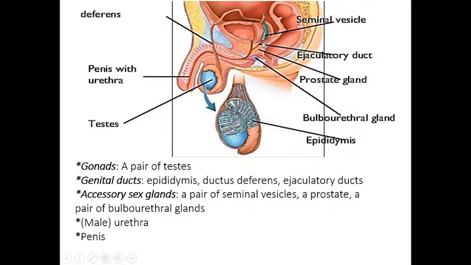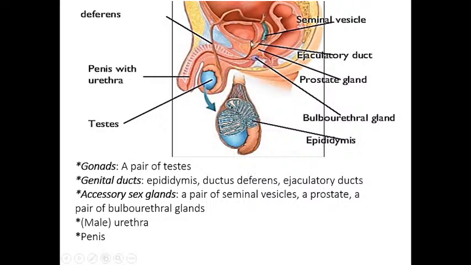Here you have another pair of glands called the seminal vesicles, one on either side of the back of the bladder, and they have a duct which will be the seminal vesicular duct and our ductus deferens together will form an ejaculatory duct, which will enter into this light orange area called the prostate gland.